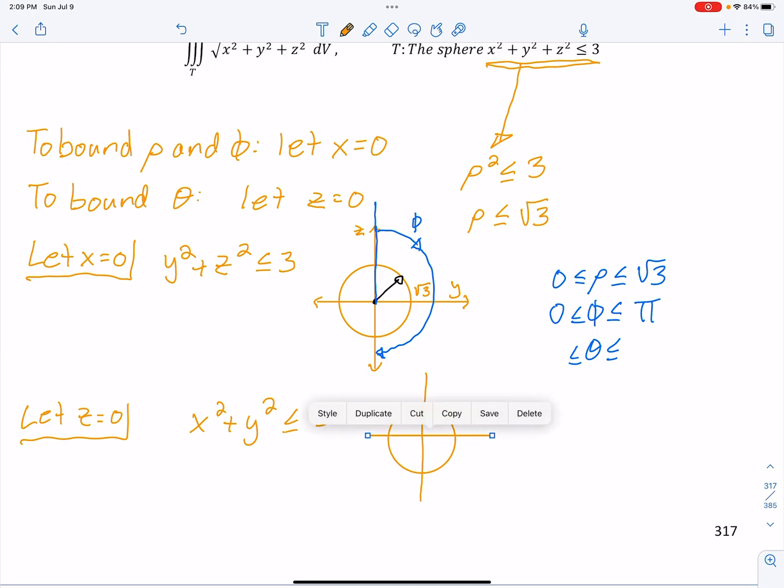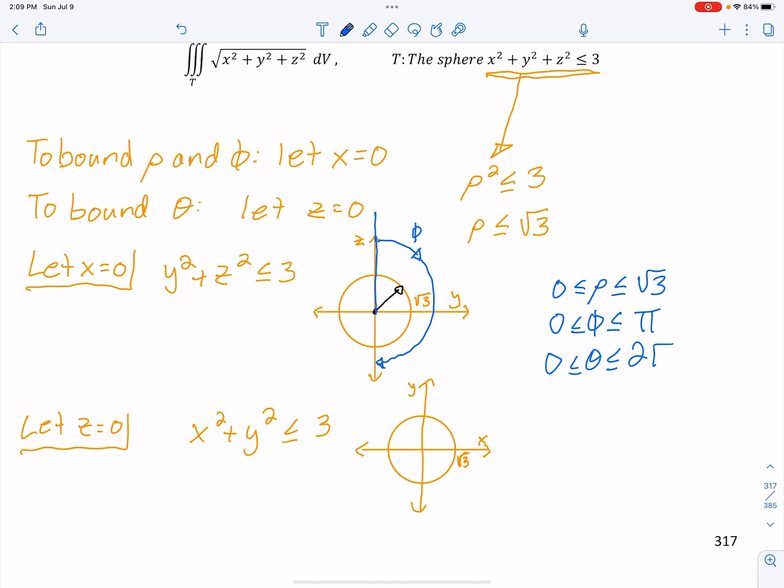This would be on the xy plane, with radius root 3. And I can see by the picture that theta is going to go all the way around, 0 to 2 pi. So it really is helpful. You can imagine how gross this probably could have been, especially what we're about to do for the integrand. We have x, y, z, and we're about to switch it.